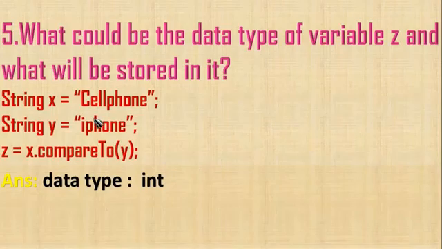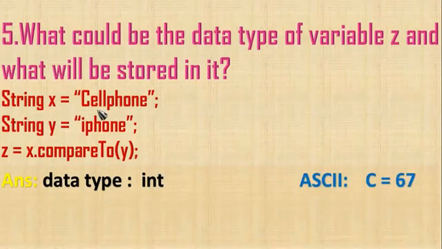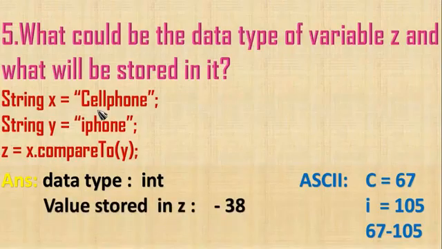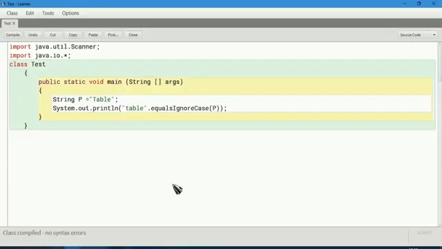To compare, it will consider the ASCII code of the starting letters of the words. If both are different letters, it will take the ASCII value; otherwise it will compare the next letter of the word. Here the ASCII value of capital C is 67, and the ASCII value of small i is 105. So the difference between these two, 67 minus 105, will be minus 38.